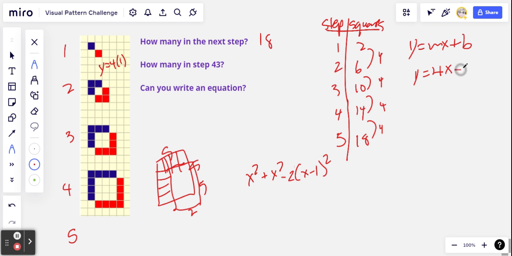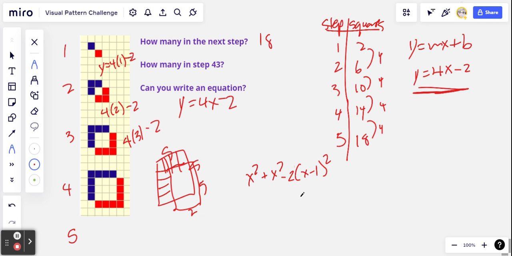So we'd have to subtract 2. And that gives us 2. If we try y equals 4 times step 2 minus 2, 8 minus 2 would be 6. That's what we're getting. 4 times step 3 minus 2, 12 minus 2 is 10. That's what we're getting. So it looks like this equation, y equals 4x minus 2, is the right equation.